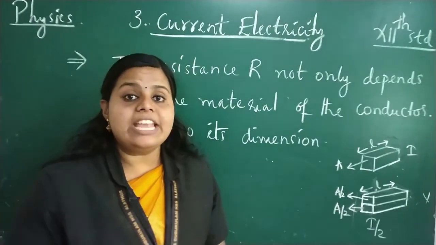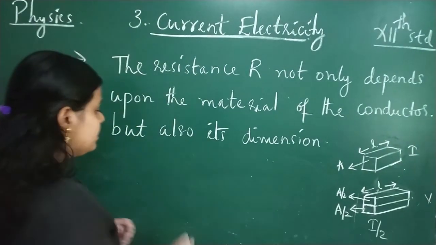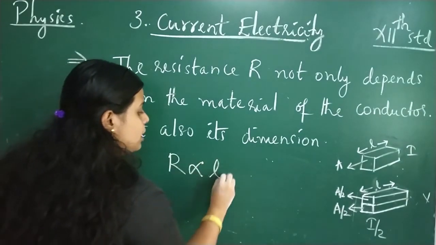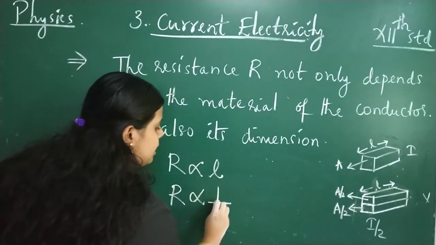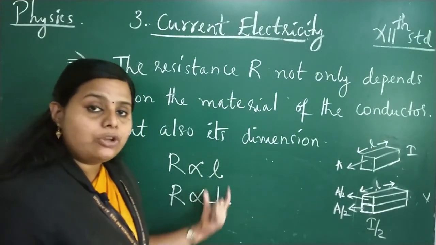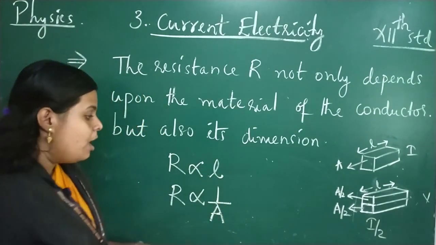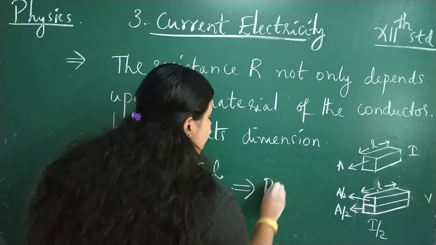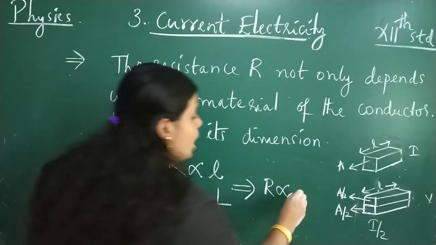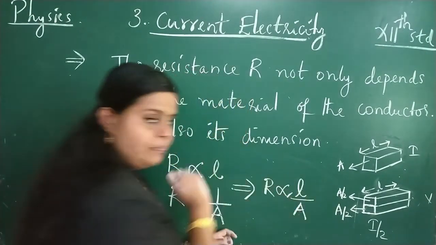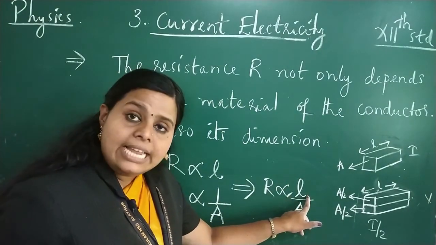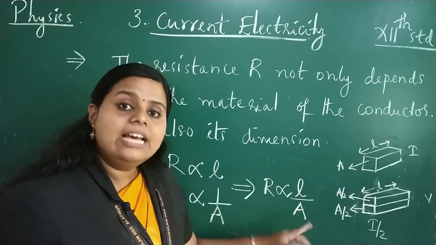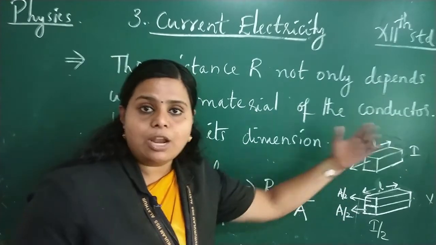So from this we can conclude two facts, that is R is directly proportional to L, and at the same time R is inversely proportional to A, that is the area of cross section of the material of the conductor. Or from this we can write R is directly proportional to L by A, where L is the length of the conductor and A is the area of cross section of the material of conductor.